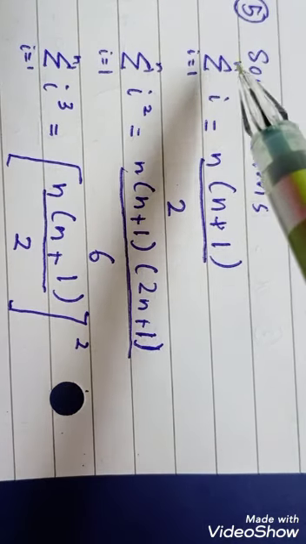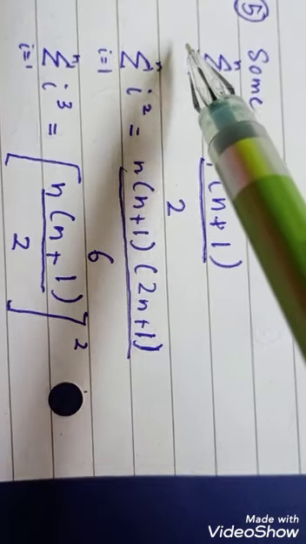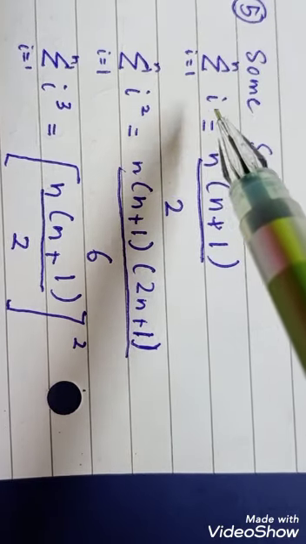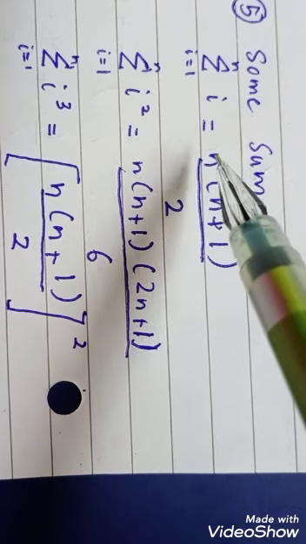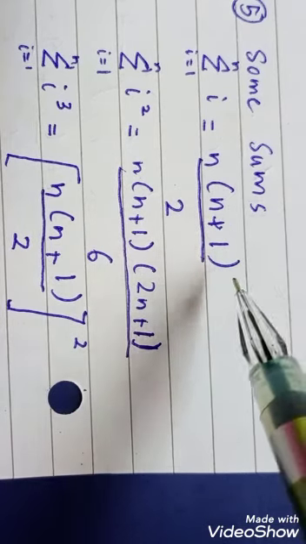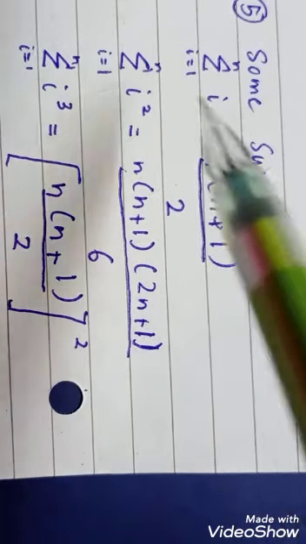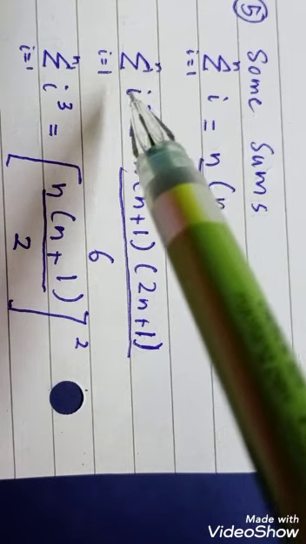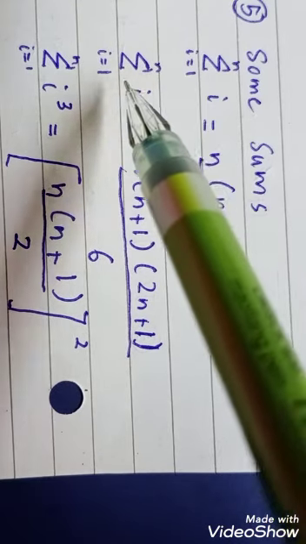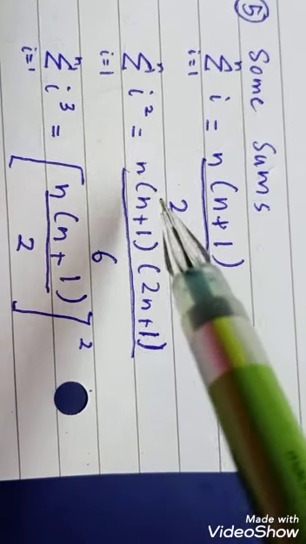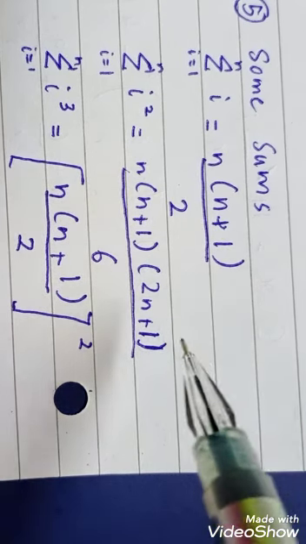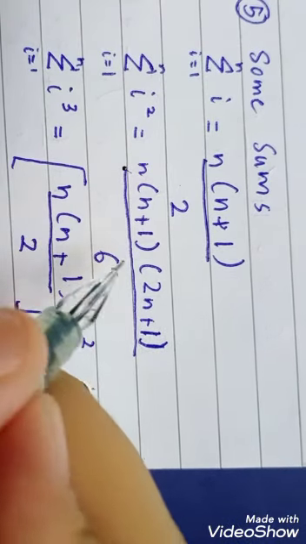For the sums, we must know that the sum from i equals 1 to n of i is equal to n times (n plus 1) over 2. The sum from i equals 1 to n of i squared equals n times (n plus 1) times (2n plus 1), the whole thing over 6.